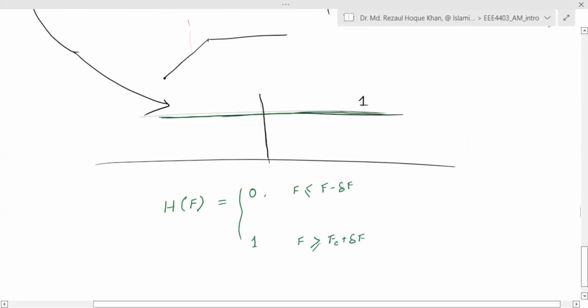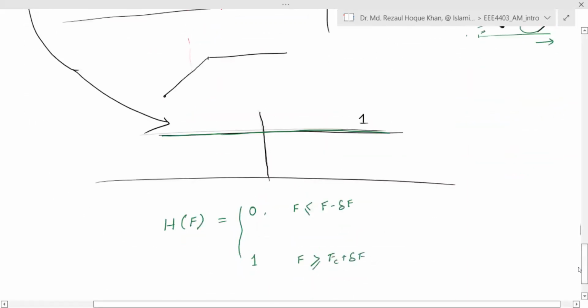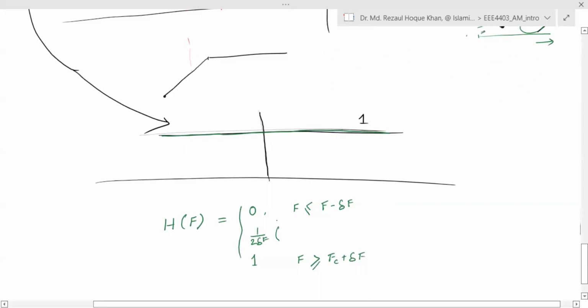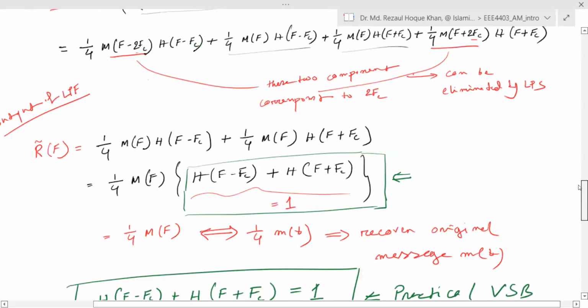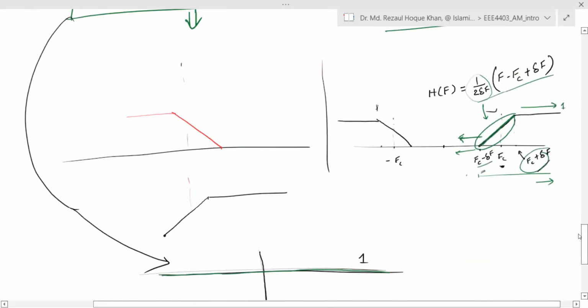What is in between? In between, we know this is the response. So in between, the response is 1 by twice del F times F minus FC plus del F. Okay, so our practical filter to satisfy the VSB property should have these properties.